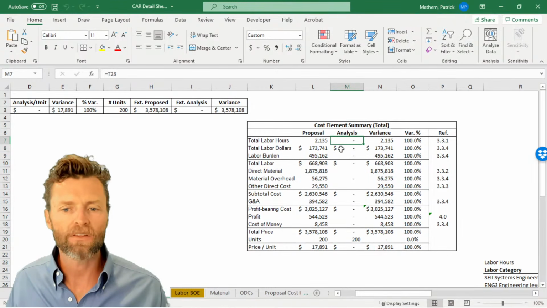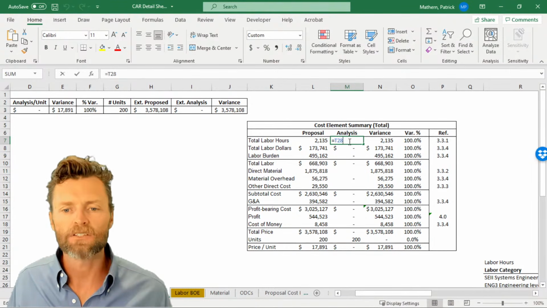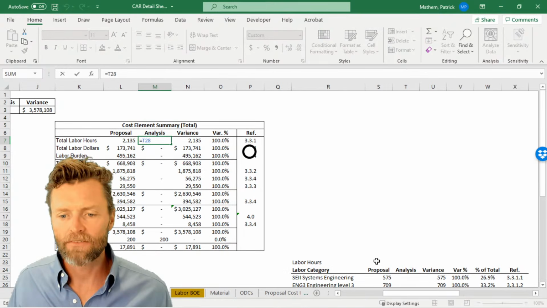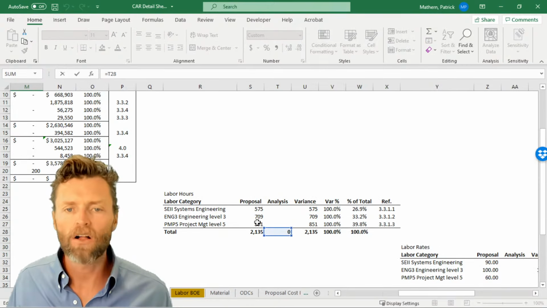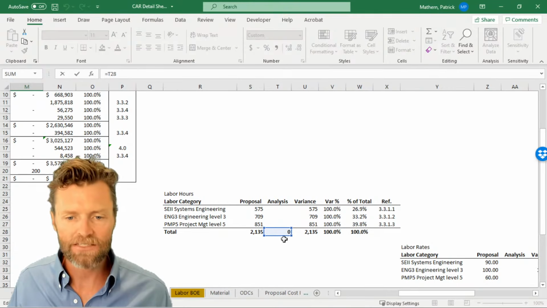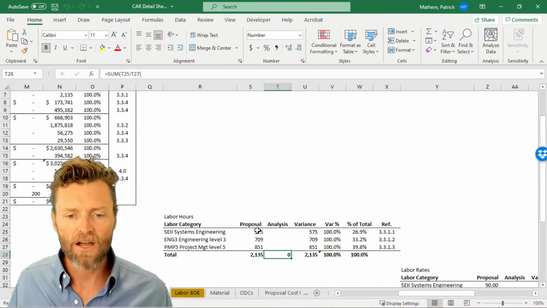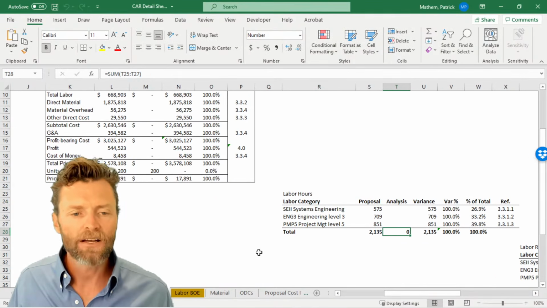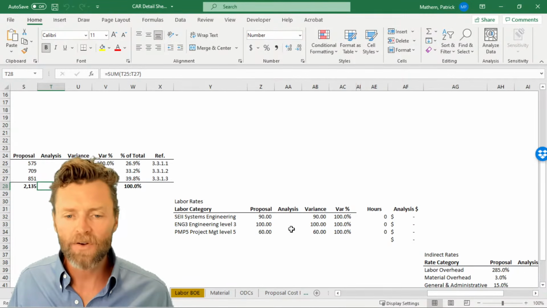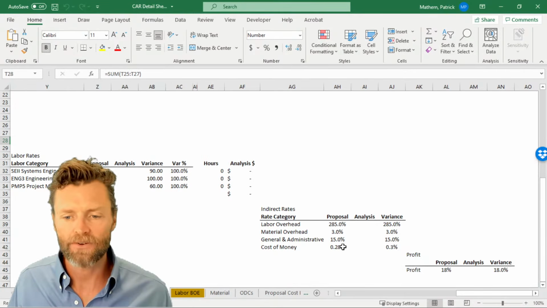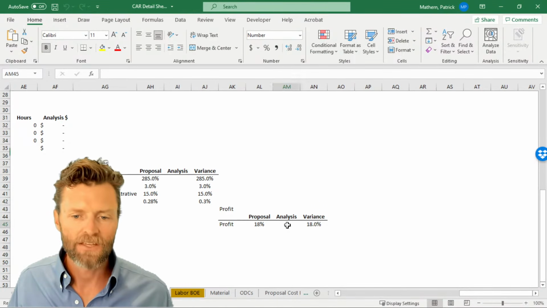And I've done this with, you can see my total labor hours. So let's go look at total labor hours. I've created a table here of all of my labor hours. My analysis position is just the sum of all of these positions. I've copied these from the proposal. Same thing with labor rates, same thing with indirect rates, and I also have profit.